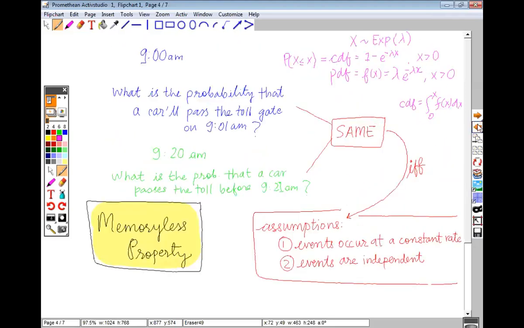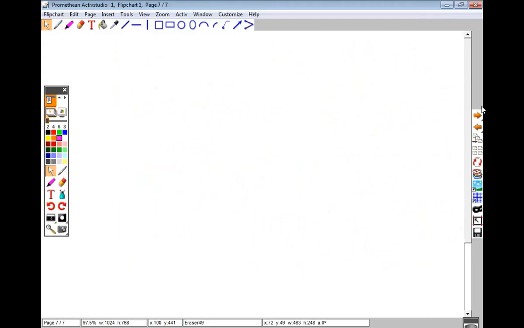So where was I talking about memoryless? This right here. Yeah. So I was talking about the memoryless property here. There's no space left. Yeah. So again, when I'm talking about the memoryless property, let us try to define it, now that we know what the PDF or the CDF is.